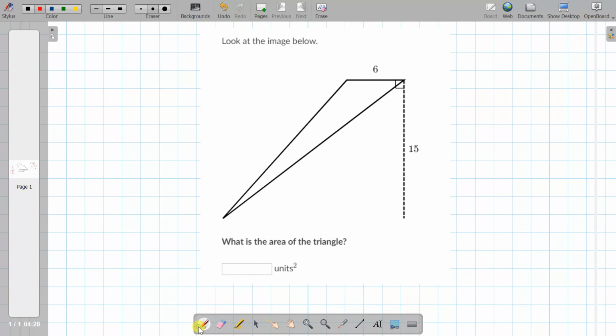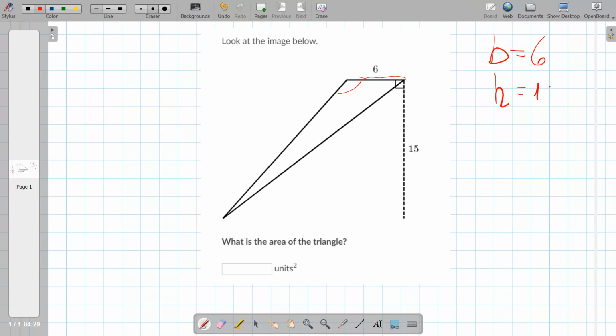Look at the image below. What is the area of the triangle? Okay, so we see here an obtuse triangle because it has an angle that is larger than 90 degrees, and the base of the triangle is this side, which is 6, and the height is 15.